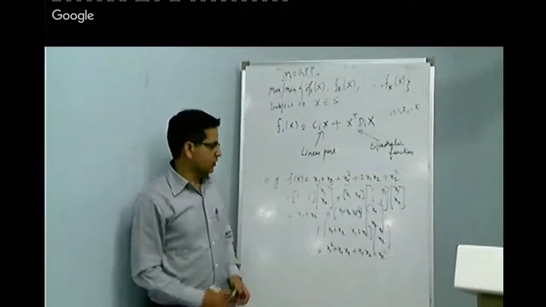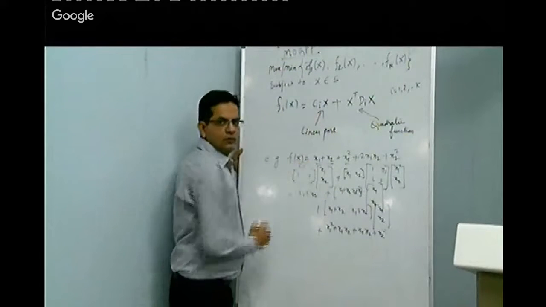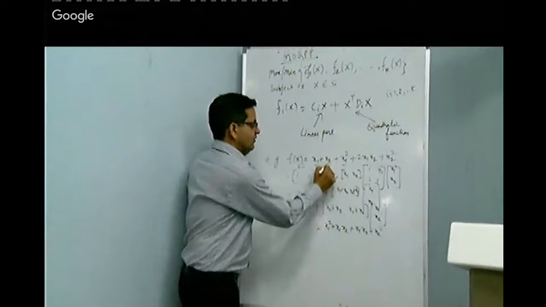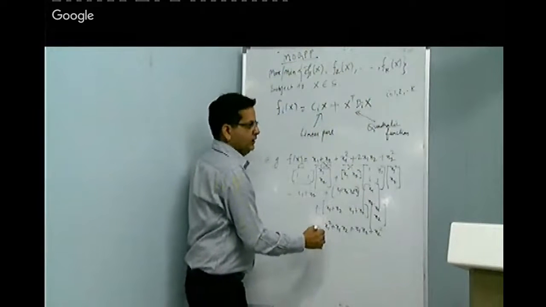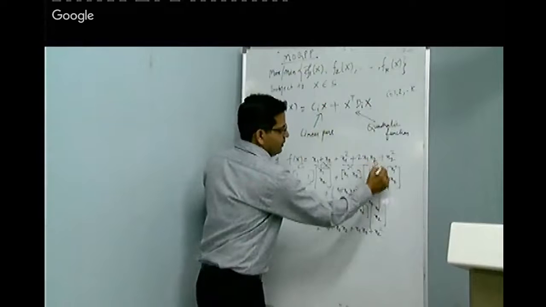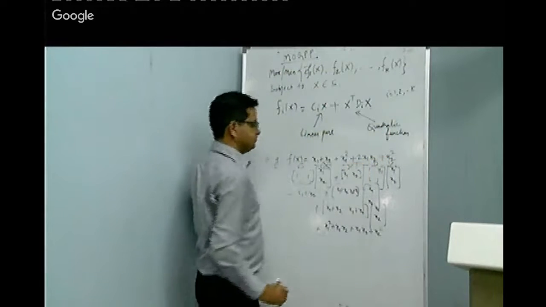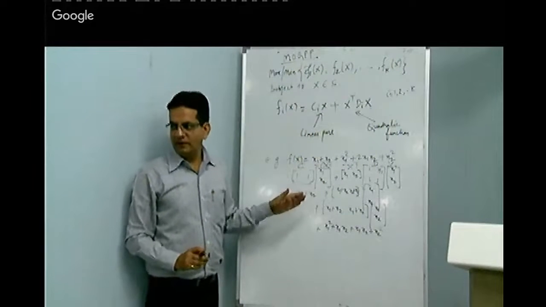So you can see this is your C part, this is your capital X decision variable, and this is your D part and X transpose. This is your X transpose, because we are defining X as a column matrix.